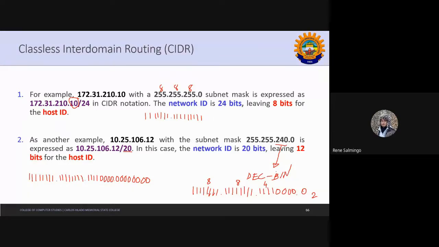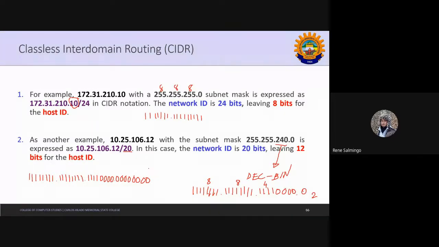Okay, so earlier, as we discussed, the number of one bits is always your network ID. That would determine the size of your network ID. Now, how do we compute for the 12-bit? Normally, we just count the number of zeros in the host ID.